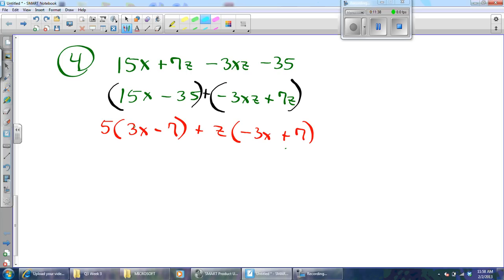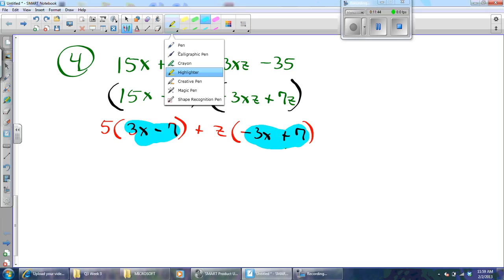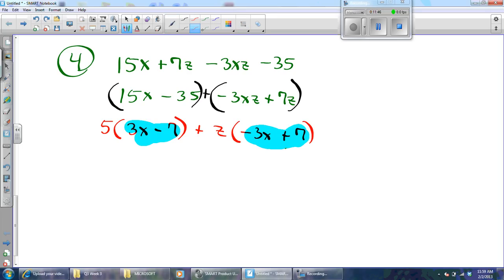Because, look, I got 3x minus 7 and negative 3x plus 7. They're not the same thing. If you think they are, then you're trying to tell me that 3 minus 7 equals negative 3 plus 7. I beg to differ, because this one is negative 4 and this one is positive 4, and they definitely are not equal to each other.